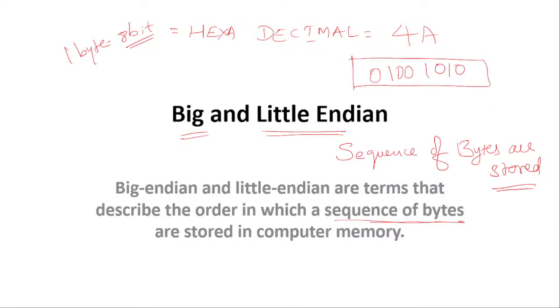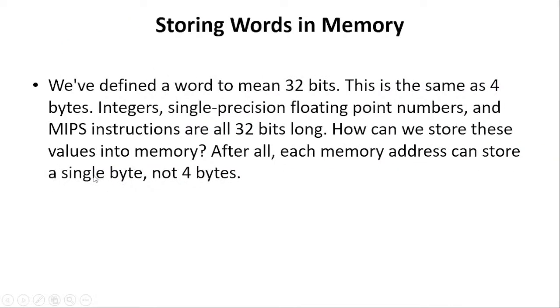So this is how we represent 4 bits in hexadecimal data representation. Just keep in mind, big endian and little endian are the terms used to describe how the sequence of data is stored in computer memory.